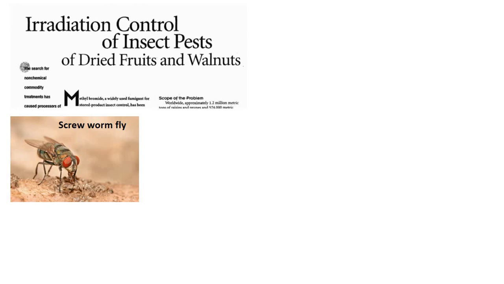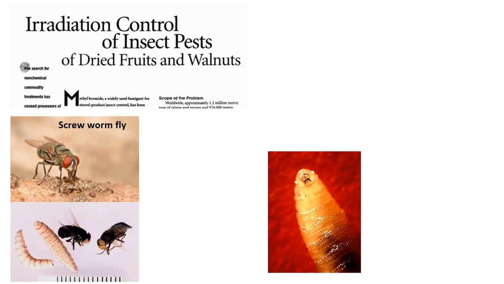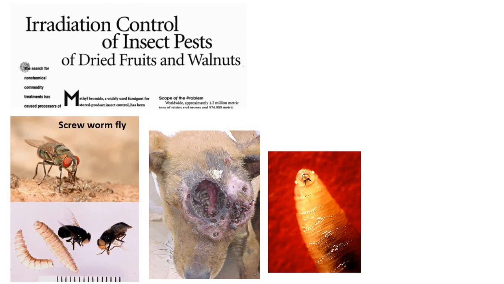The screwworm fly used to be very common in the US and pretty much all over northern and central South America, but it has now been eradicated completely from the US. There are some reports of screwworm fly coming back to Texas, but for the most part it has been eradicated, and the eradication was carried out by gamma radiation of eggs and then releasing sterile males.